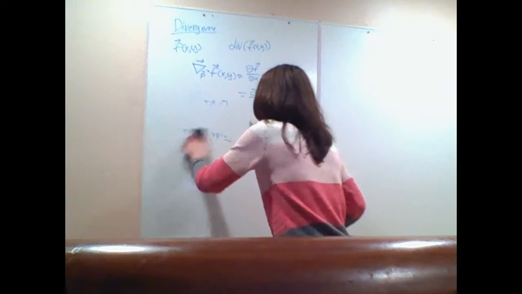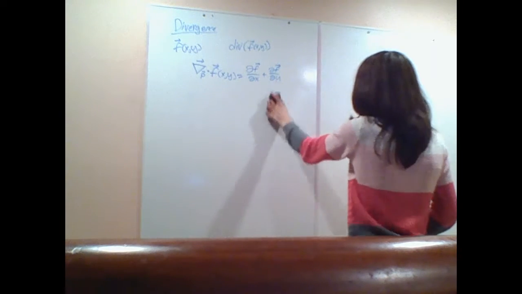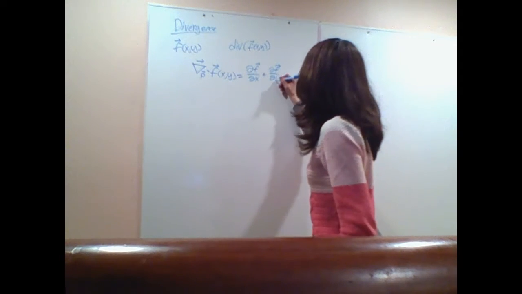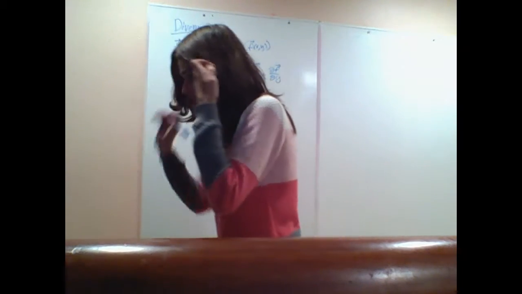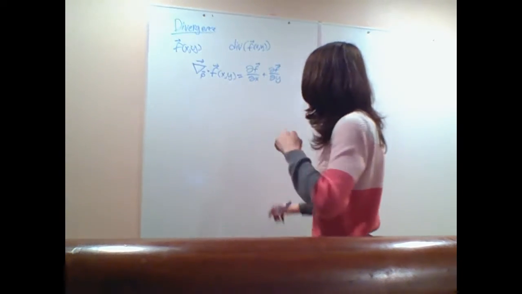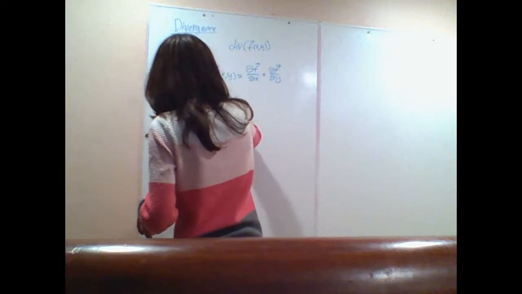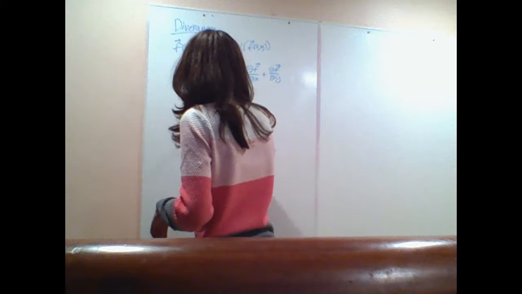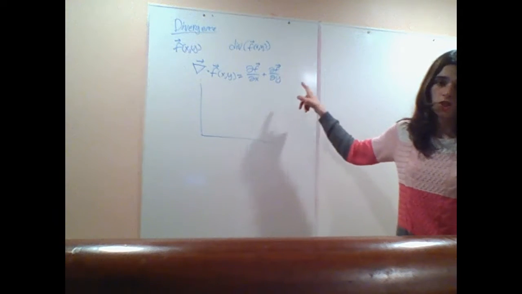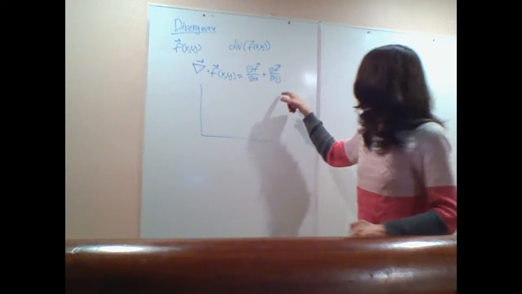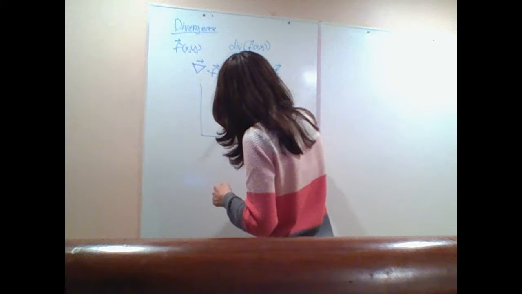So now that that's out of the way, the divergence is essentially the total rate of change of the function. It doesn't have any direction, it's just the sum. So when the sum of the rate of change is negative, then things are closing in.